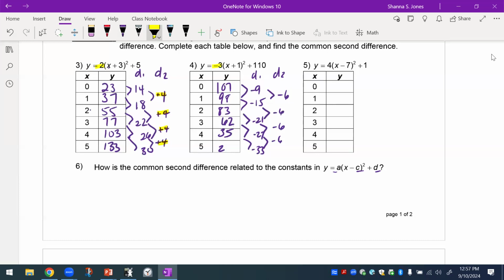What's the relation between -3 and -6? It's doubled. So the relationship here is that your common difference, your second difference, equals 2 times your A, your leading coefficient. Do we see that?